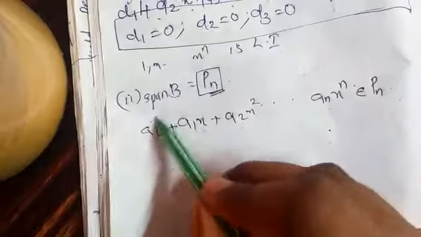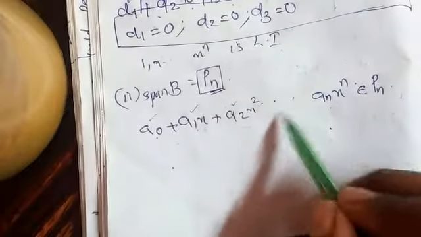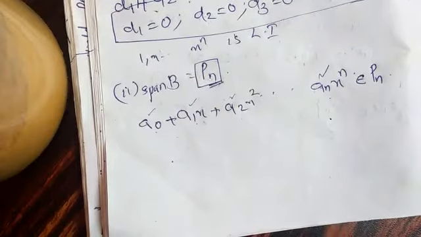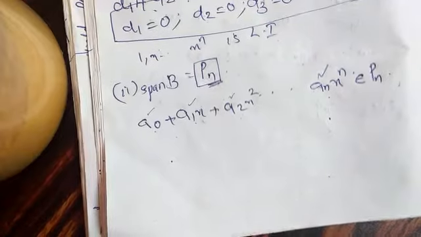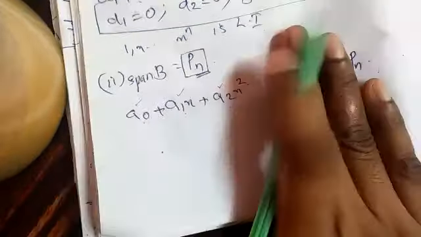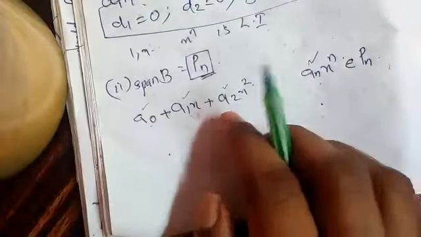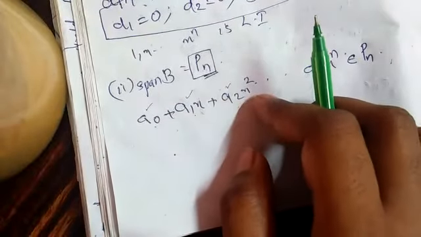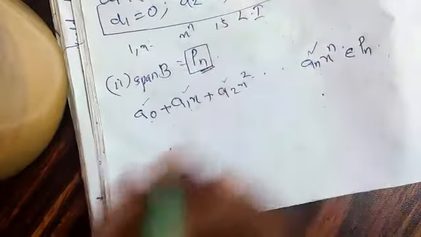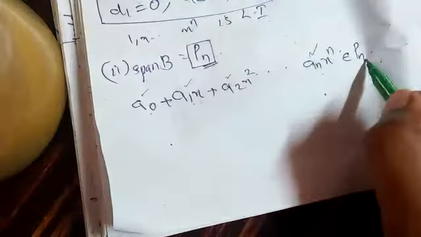For degree n, all these a1, a2, etc., an are non-zero. Otherwise, a degree 2 polynomial means a0 plus a1x plus a2x², and a first degree polynomial is a0 plus a1x. All these polynomials are in Pn.